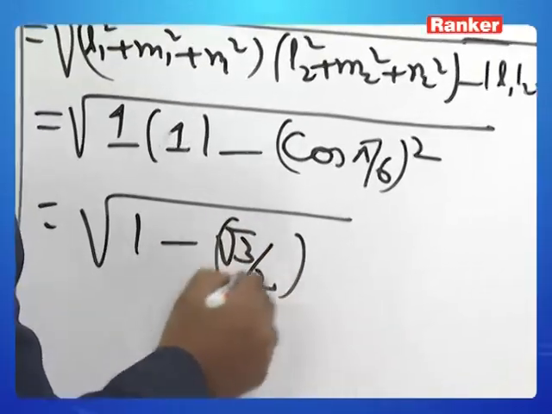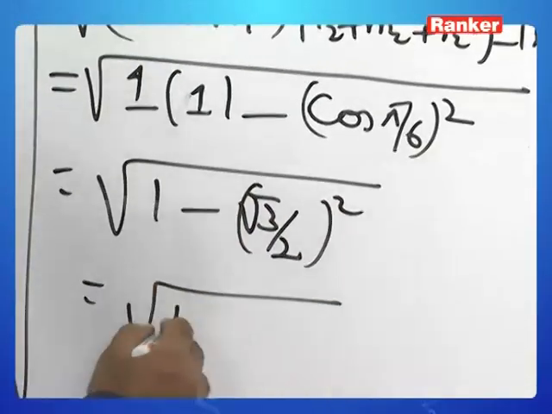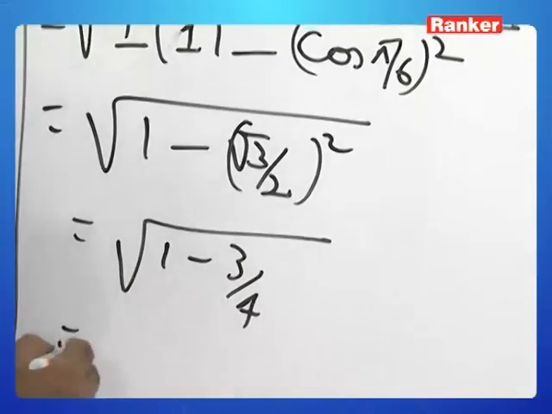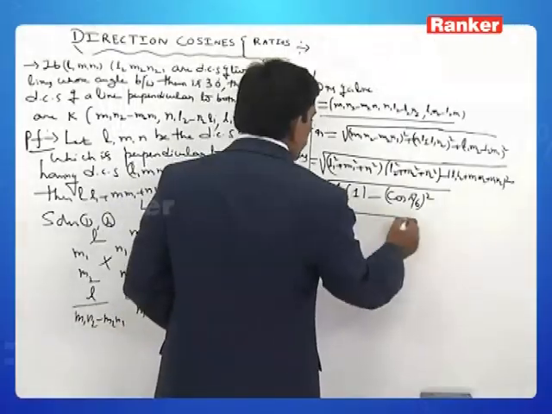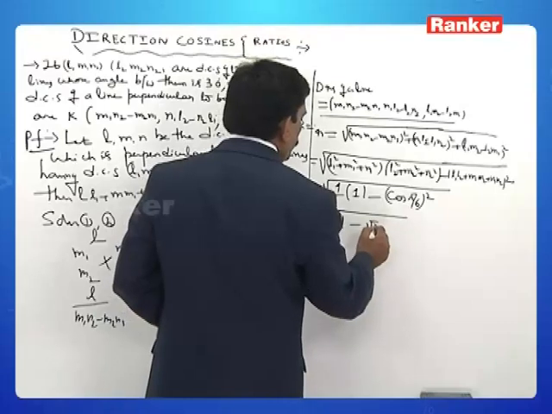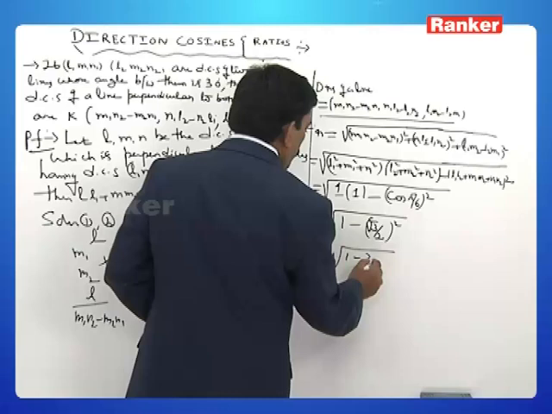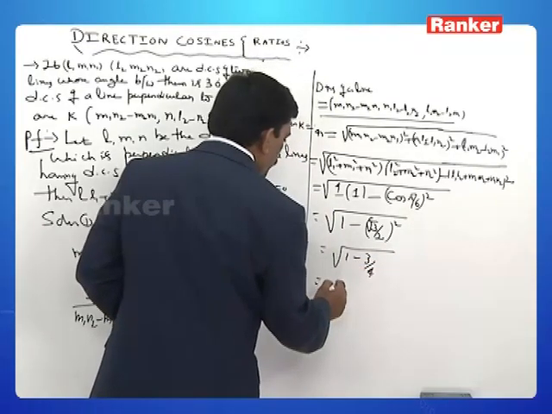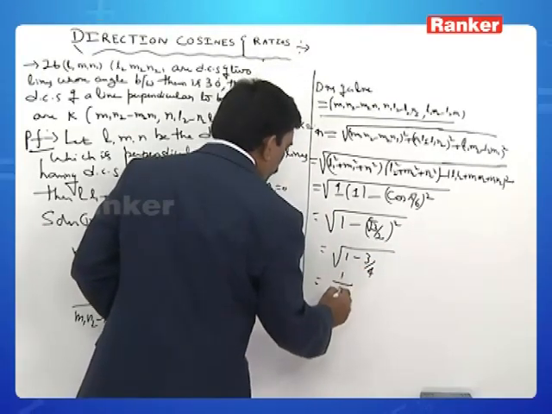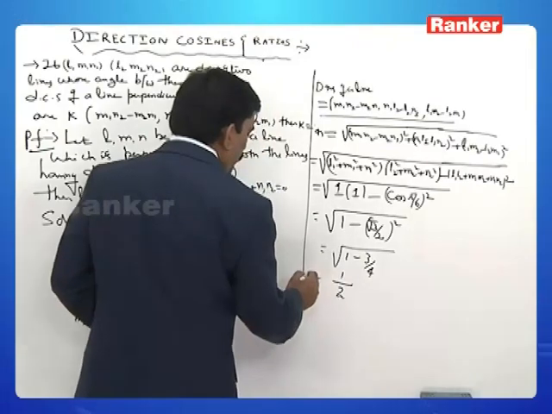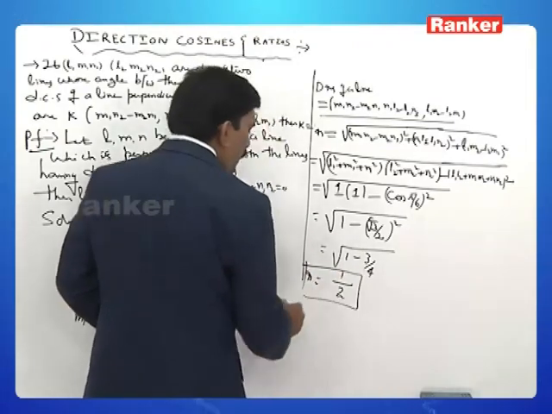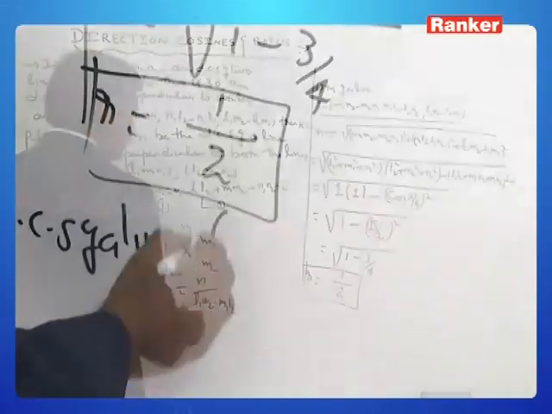Here theta is equal to 30 degrees, therefore it is cos 30 whole square. So this is 1 minus (root 3 by 2) whole square, which is 1 minus 3 by 4, which is 1 by 4, so the length r is 1 by 2.